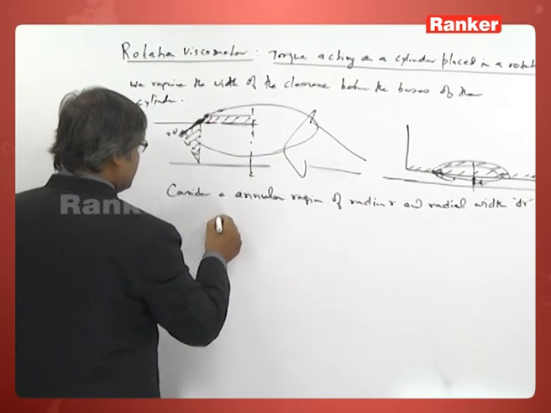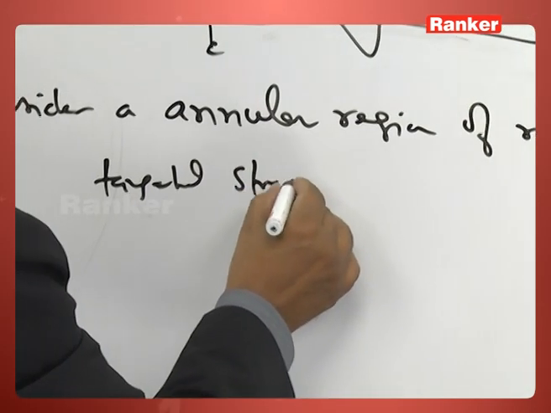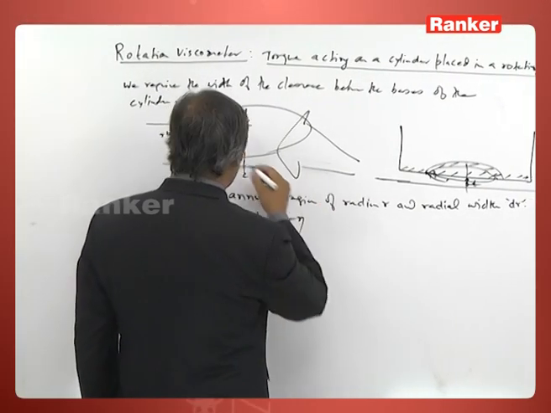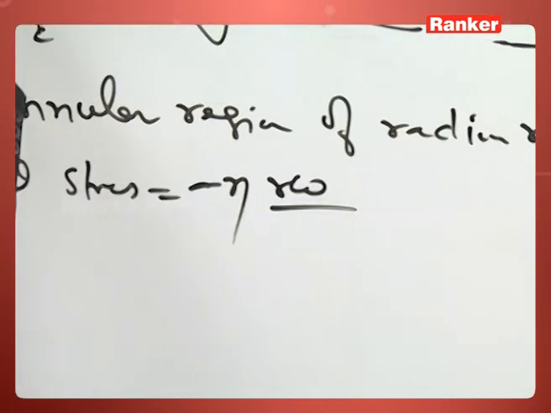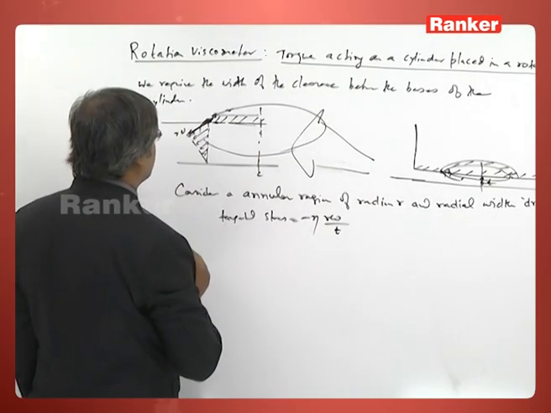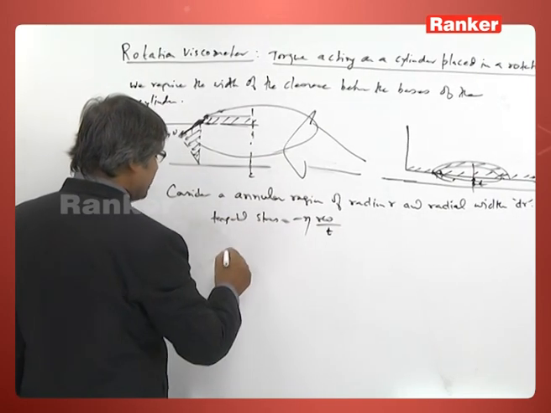Now the tangential stress is given as minus eta times dV by dy. The velocity is r omega and the clearance between these two is small t. So, this is the tangential stress.